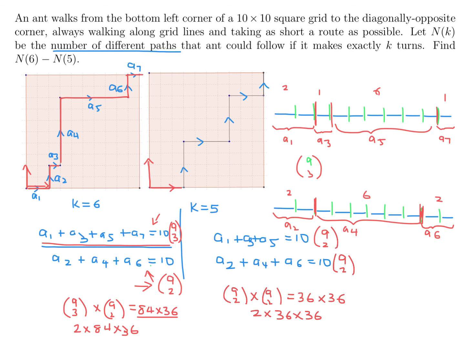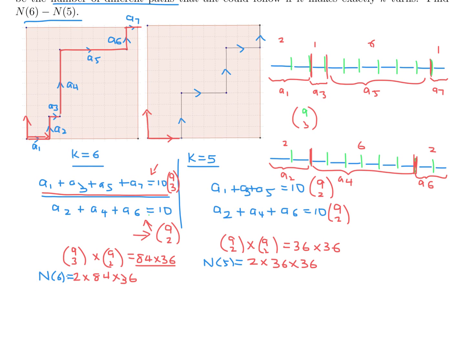So there we go. So this one down here is basically N6, right? Because this was K equals 6. And this one here is N5. So finally, what do they want? They want N6 minus N5.